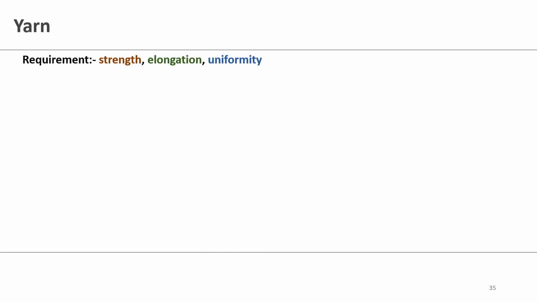The yarns basically require high strength, high elongation and uniformity. So, continuous filament yarns are normally used, in a wide range of 50 to 850 decitex.